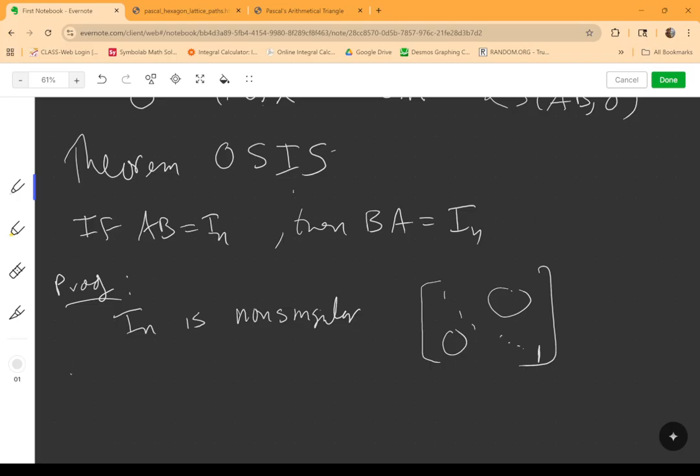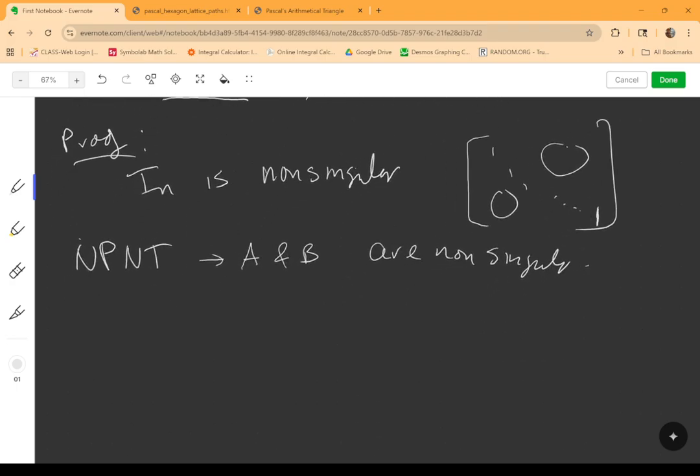So from our previous theorem, NPNT, if A times B is equal to a non-singular matrix, then that theorem tells me that A individually and B are non-singular. In particular, we'll focus on the matrix B just because of how the multiplication is going to be set up.